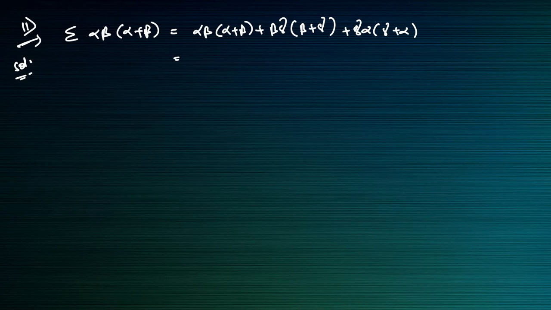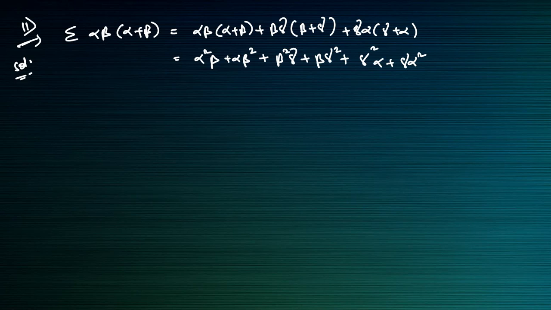If we multiply these things, it will become alpha square beta plus alpha beta square plus beta square gamma plus beta gamma square, and plus gamma square alpha plus gamma alpha square.